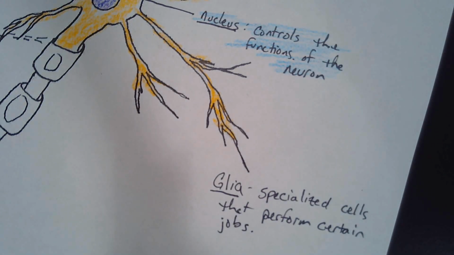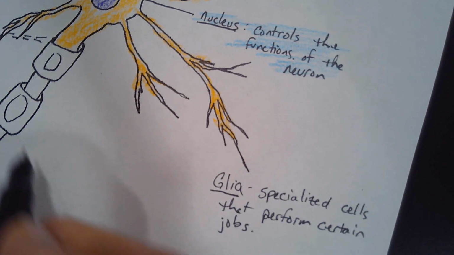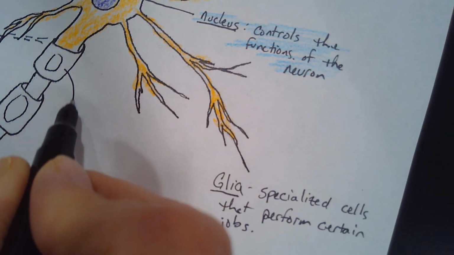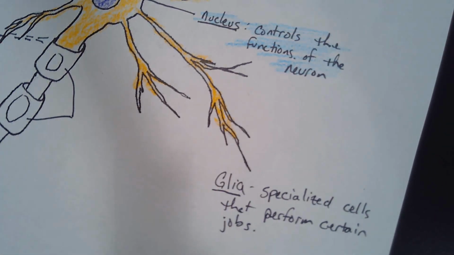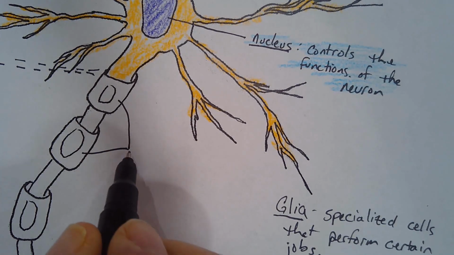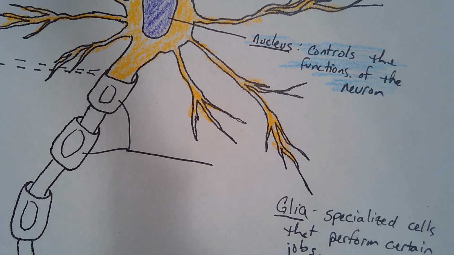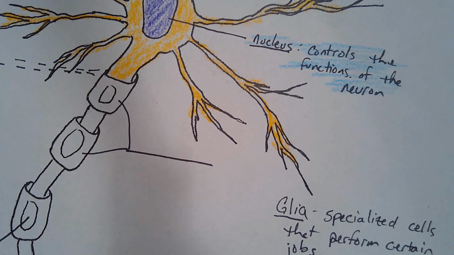So glial cells are really, really important. They help the neurons in a lot of different ways. There's two I'm going to talk about specifically. One of them is this coating right here, which you guys can kind of see. Okay, good. And the other one is this little thing inside the coating.